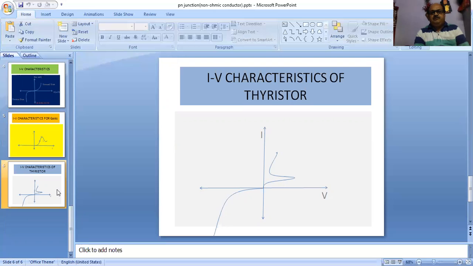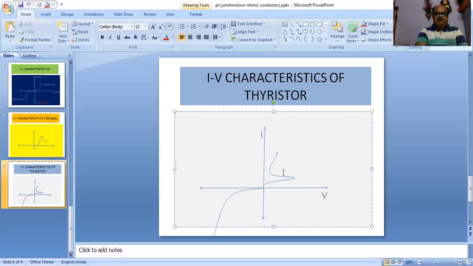You can see in both types of connections, forward bias and reverse bias, the graph is non-linear, and it gives different values of current for the same value of V. When we take a point here, you can see it will intersect the graph at two different points, which shows that for a value of V, there are two different values of I.